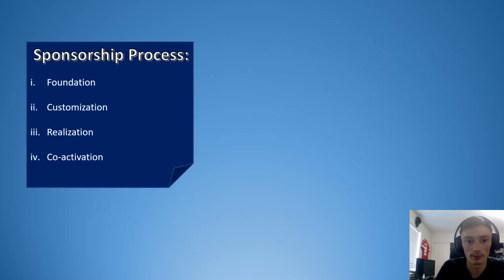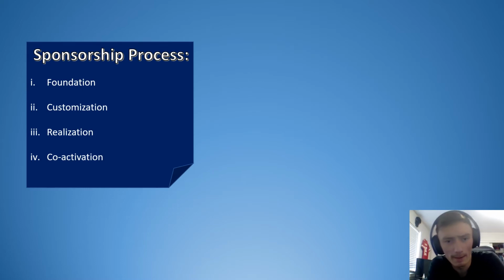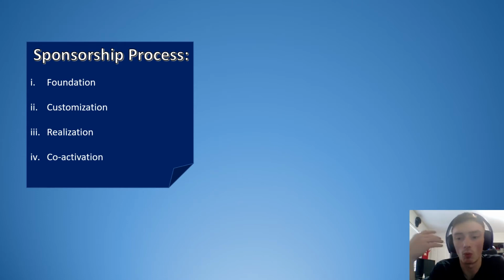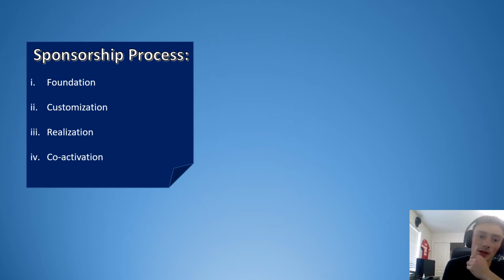Moving on here. The overall sponsorship process basically has four main components. The first one, which we're talking about in the context of the Rattlers, is the foundation. This is where you do your inventory of your assets, decide what you actually want to get out of the plan, and start the early phases of a marketing plan. Then part two is customizing the sponsorship agreement. This is targeting a sponsor and developing the plan tailor-made to them.